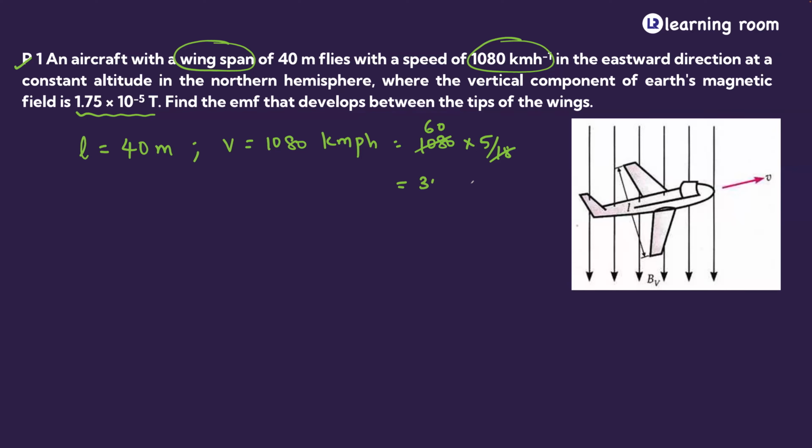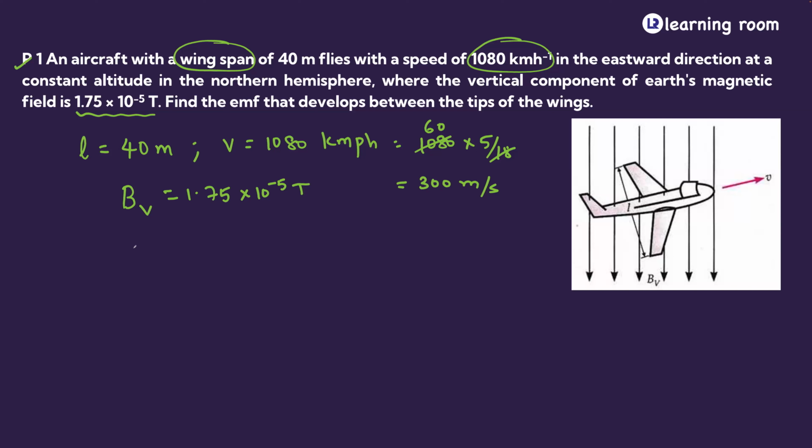So 60 into 5 is going to be 300 meter per second. And it is moving at a constant altitude where the vertical component of the Earth's magnetic field is how much? The vertical component is represented with the symbol B subscript V. So BV is equal to 1.75 into 10 power minus 5 Tesla. Find the EMF that gets developed across the ends of this wing.